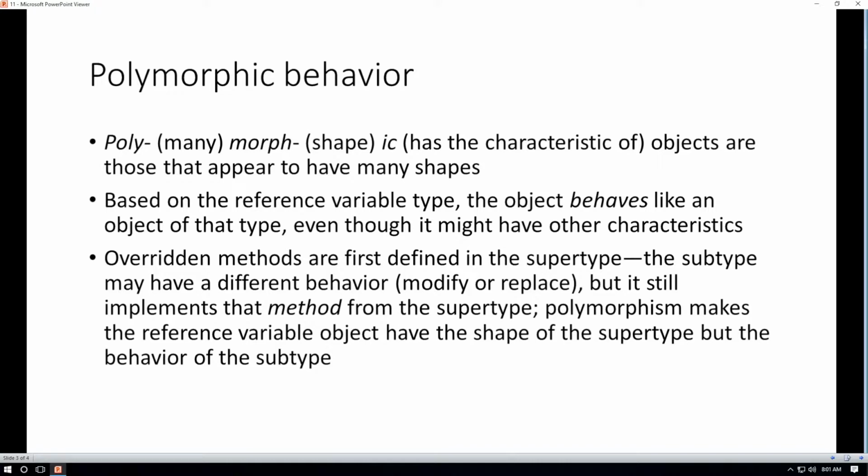And what we mean by that is that a subclass can act as a superclass because it is a superclass, and it can also act as its own class, the subclass. When acting as the superclass, it can do the things that the superclass can do. When acting as its own class, it can do everything the superclass can do, plus any additional methods defined by the class itself. So it acts differently based on how we look at it.